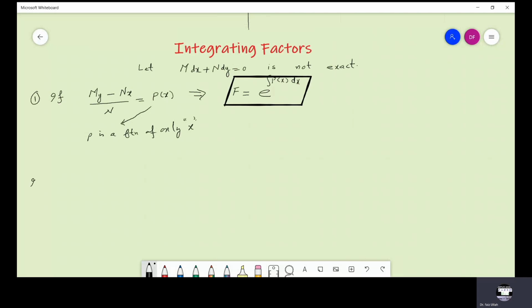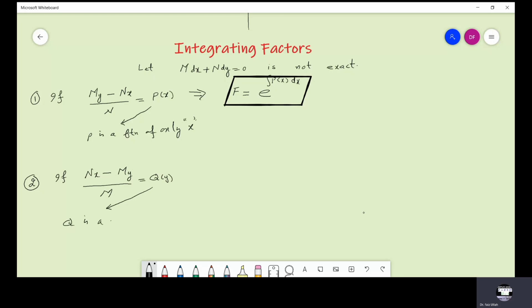Rule number 2. Rule number 2 is if (N_x minus M_y) divided by M is equal to q of y. Q of y means it is a function of only y.